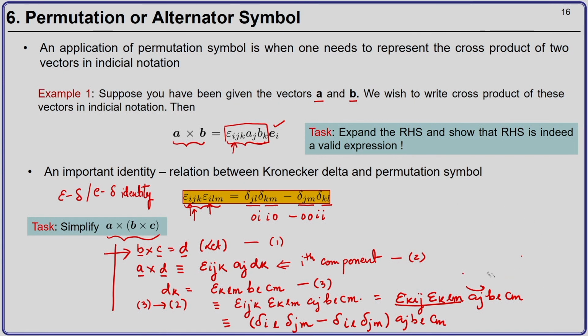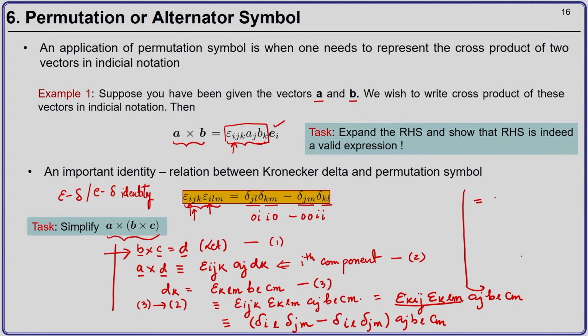Now I have the Kronecker deltas and I can open up the brackets and use the substitution property of the Kronecker delta. This I will leave to you. I will write directly the final expression. You expand the brackets and use the substitution property.